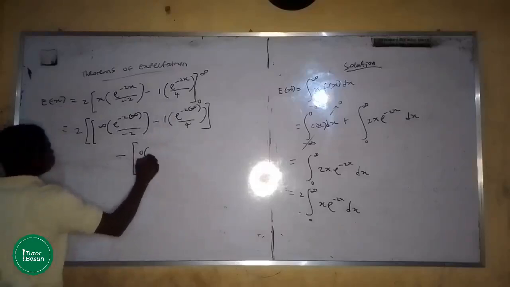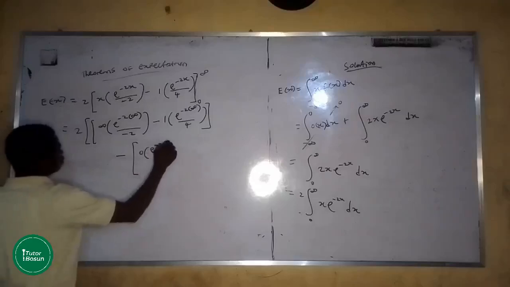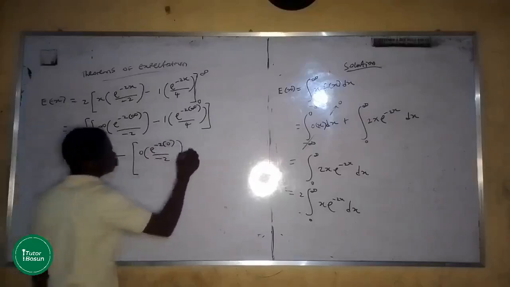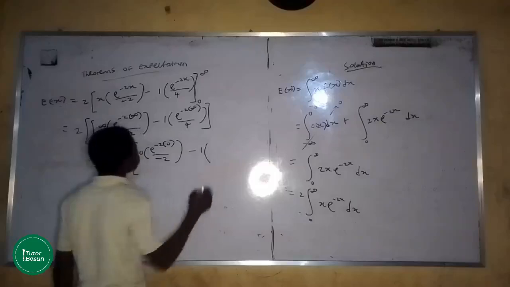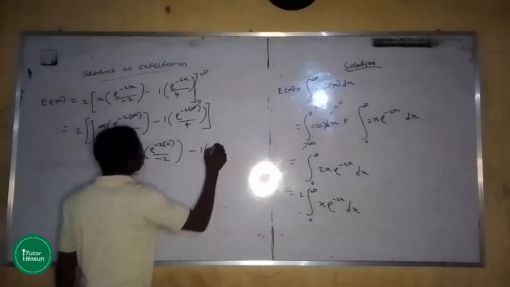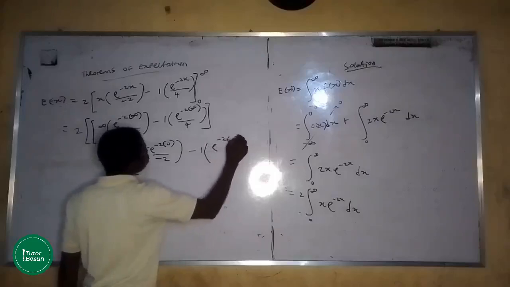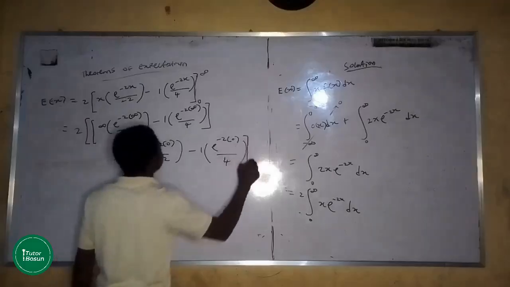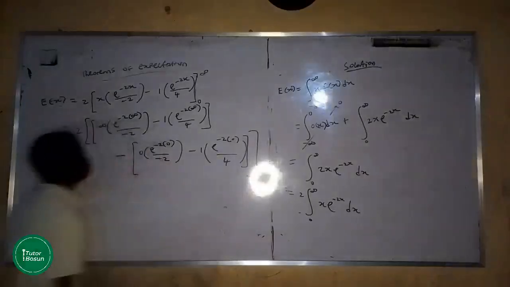So we have 0 times exponential minus 2 times 0 over minus 2, minus 1 times exponential minus 2 times 0 over 4. Close the bracket, then close the outer bracket.